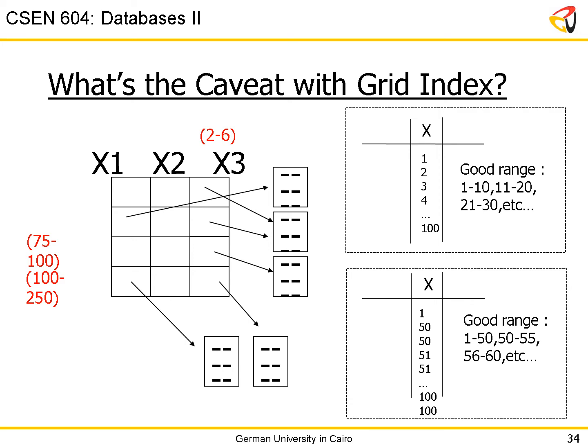So the 100 values are actually clustered in the second half of the 100. Okay? They're not evenly distributed. So your pick is not good. What you should have picked is 1 to 50 as a range, and then 50 to 60, and then 60 to 70, and 70 to 80, and so on. Or even perhaps 50 to 55, 55 to 60, 60 to 65, and so on.